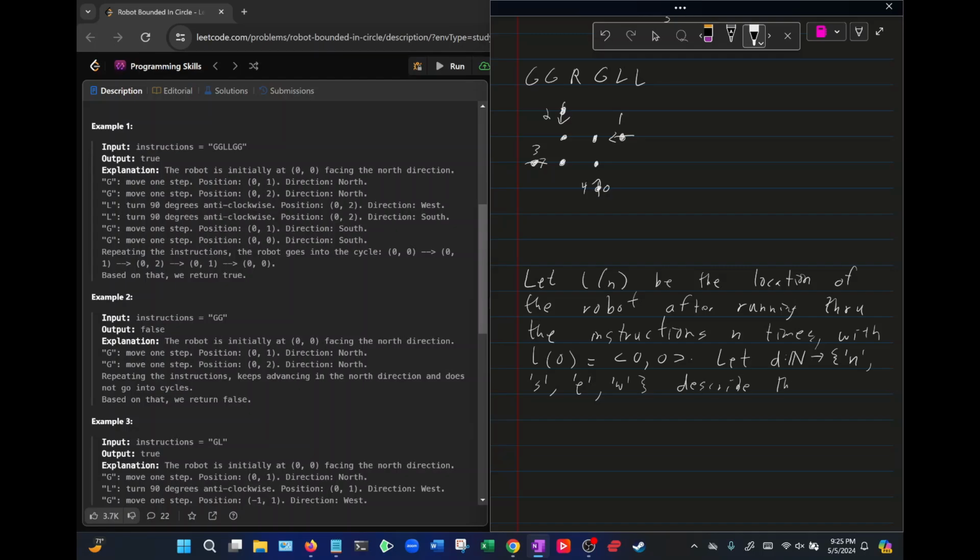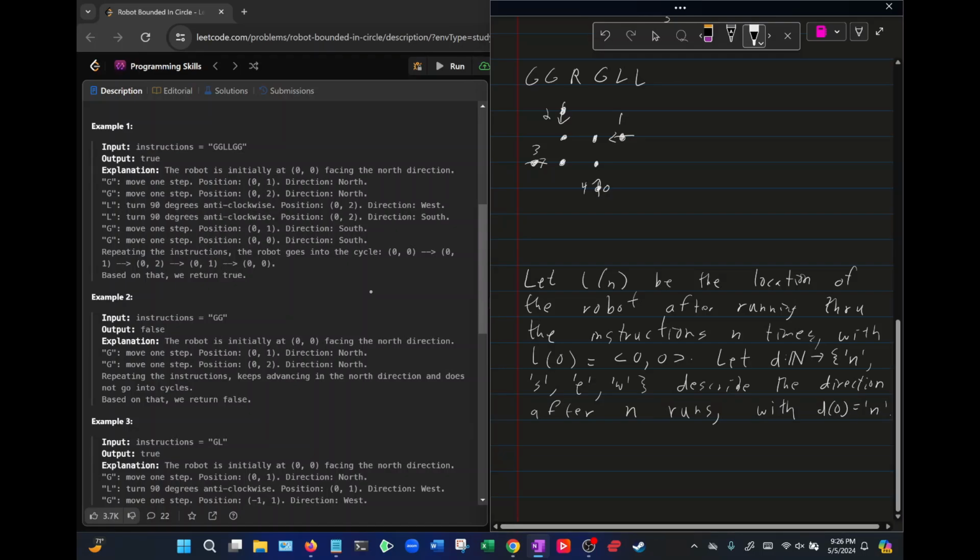It describes the direction after n runs through the instructions, with d of 0 being n because we assume that we start facing north.